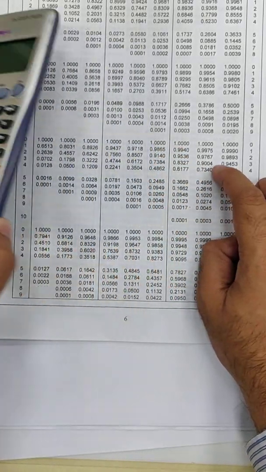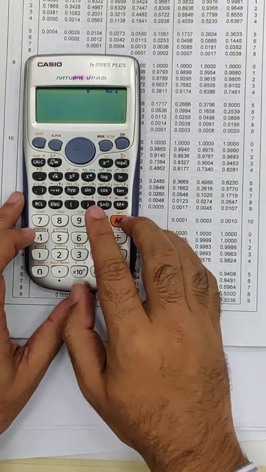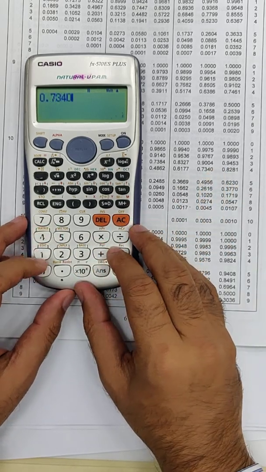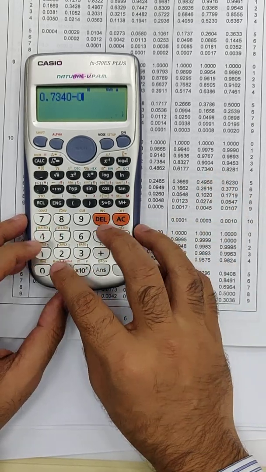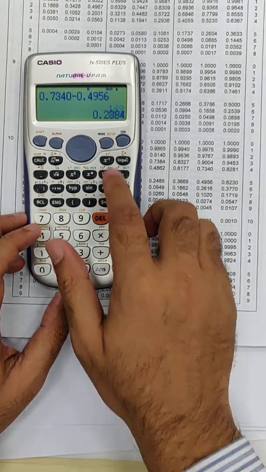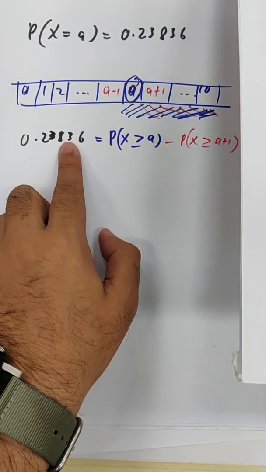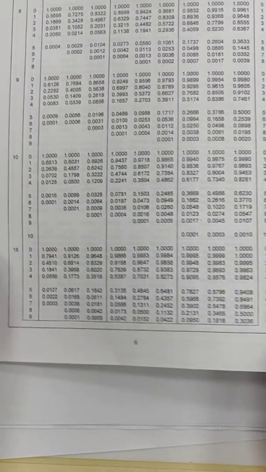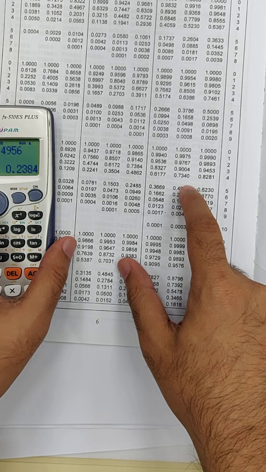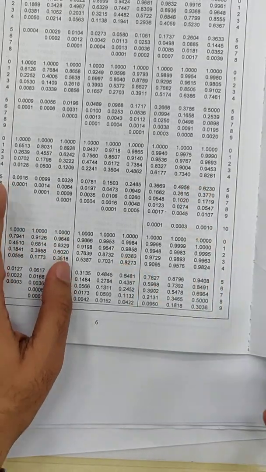And we go further down. 4 and 5. 0.7340 minus 0.4956. 0.2384. Ah, looks near. Oh my, that's very near. So it's between 4 and 5.